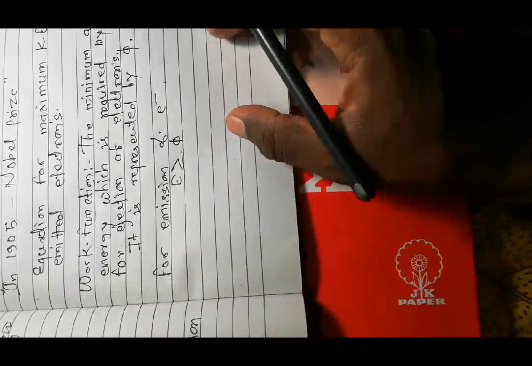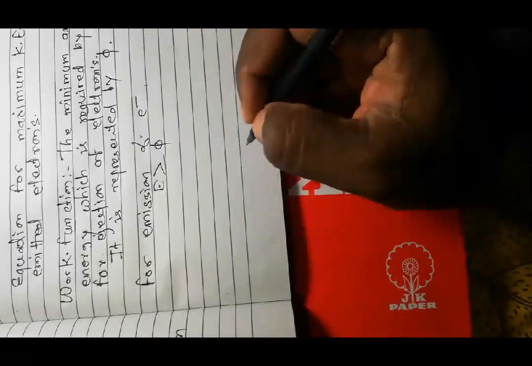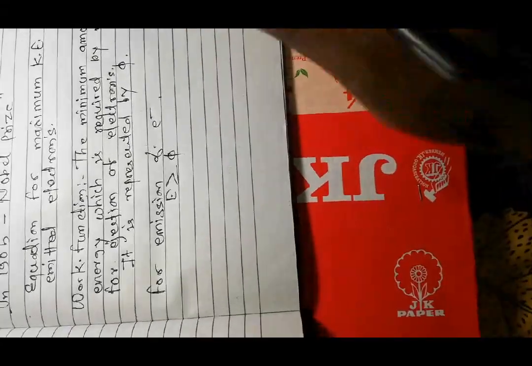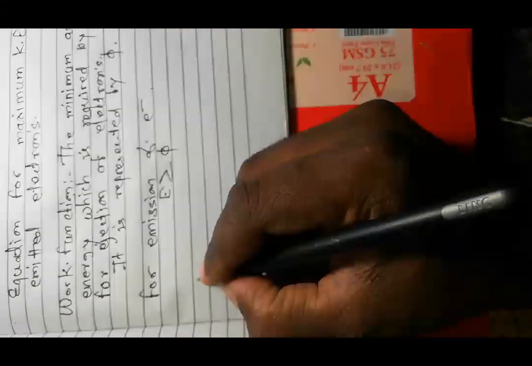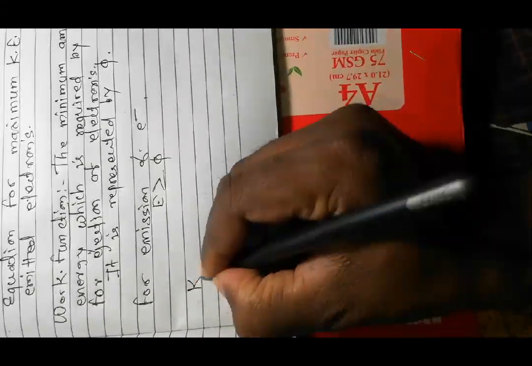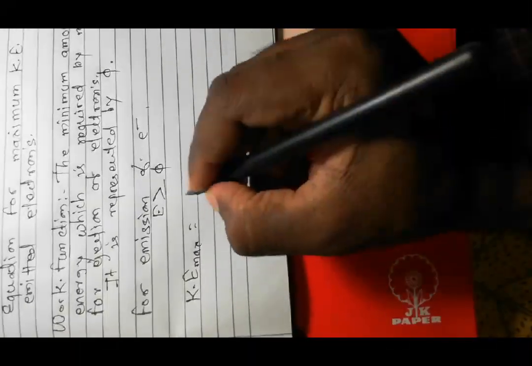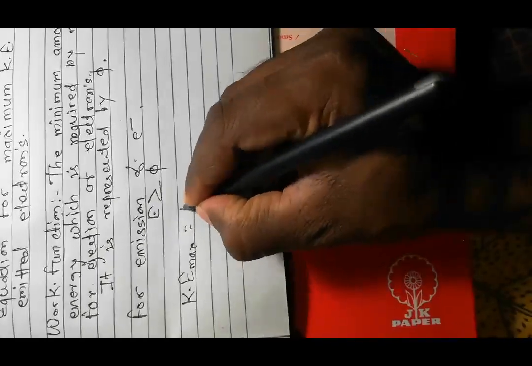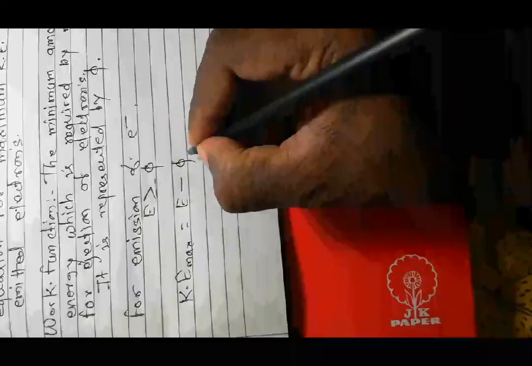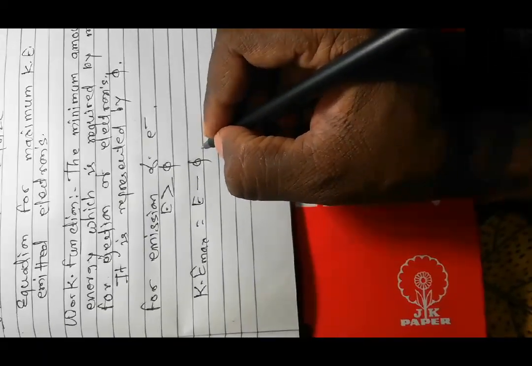So we derive the equation for maximum kinetic energy. The maximum kinetic energy, KE max, is equal to the energy of incident radiation minus the work function of the metal surface.